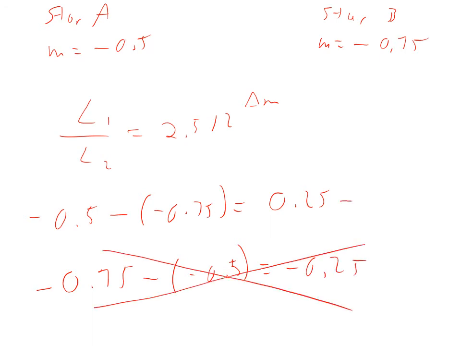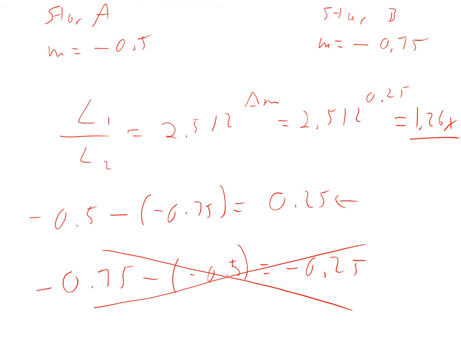You have to have a positive exponent there. So this is going to be 2.512 raised to the 0.25 power. How do you raise something to the 0.25 power? There's a button on the calculator. That turns out to be 1.26 times brighter. And that's a couple of examples of using magnitudes and finding brightness with magnitudes.